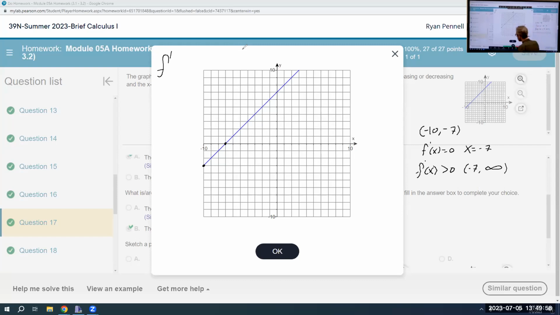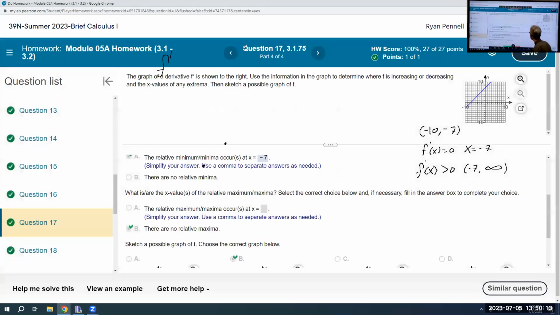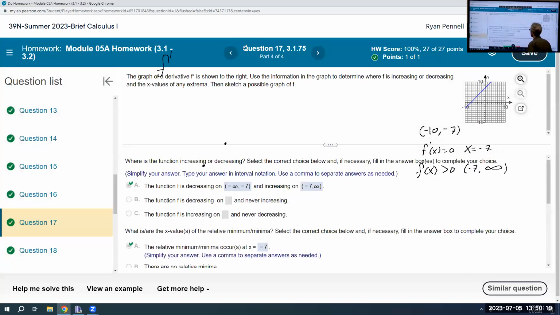Again, this is the graph of the derivative, not the original function. So from that information, let's see if we can answer some questions. Where is the function increasing or decreasing?